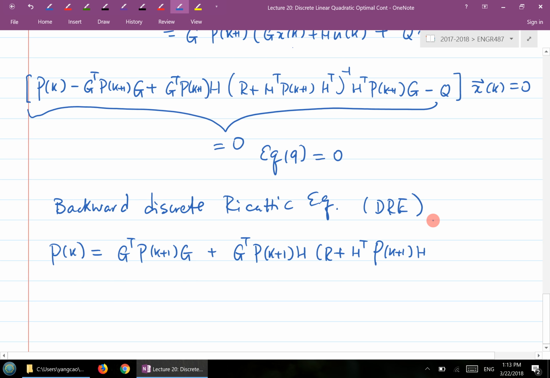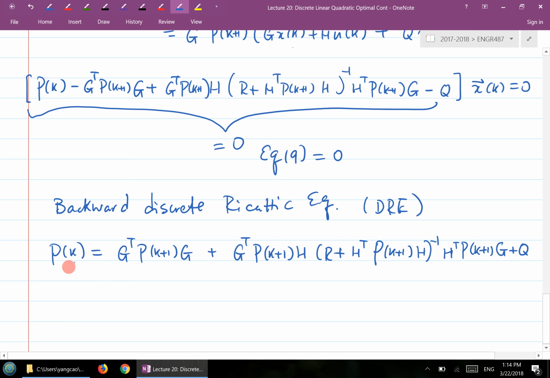Actually, there's one more thing here. This is not transpose. This is just h here. Okay. So that's the backward discrete Riccati equation.